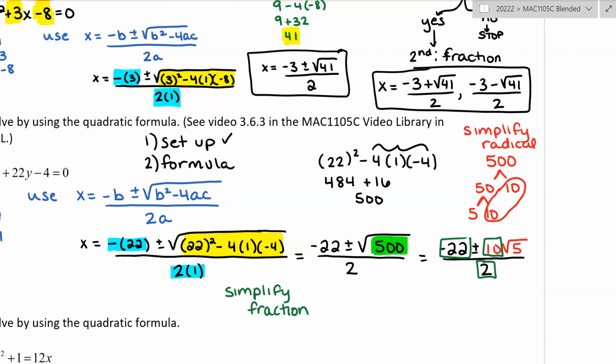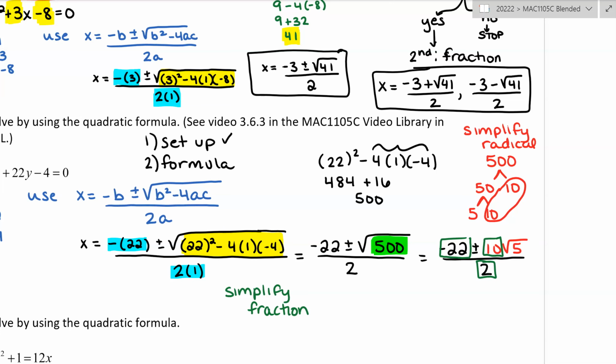Now, first of all, you can't put the 10 and the 22 together, because the 10 is attached to a radical. You can't put the 2 together just with 22, because the 22 is attached to addition and subtraction. So remember, those rules about radicals still stand.